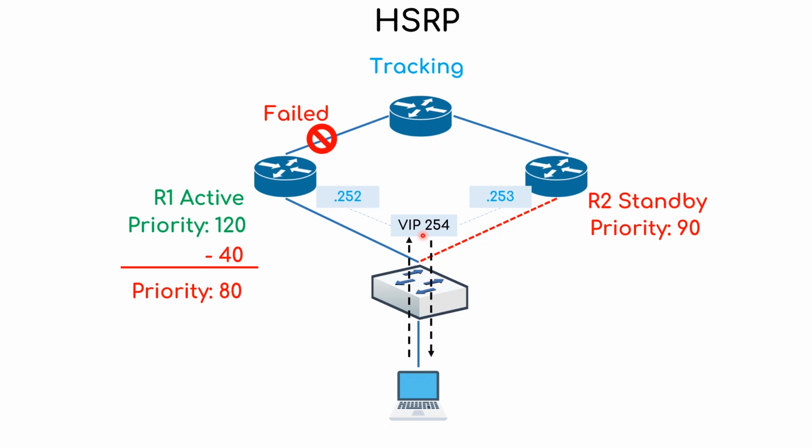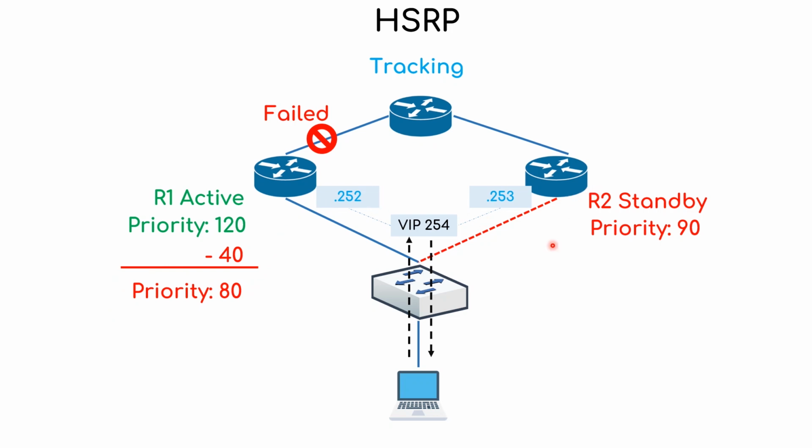For example, I have router 1 active and router 2 standby. Users send traffic to router 1, and suddenly the uplink on router 1 goes down, and HSRP triggers the failure by reducing the priority by 40, so the active router now has priority 80.